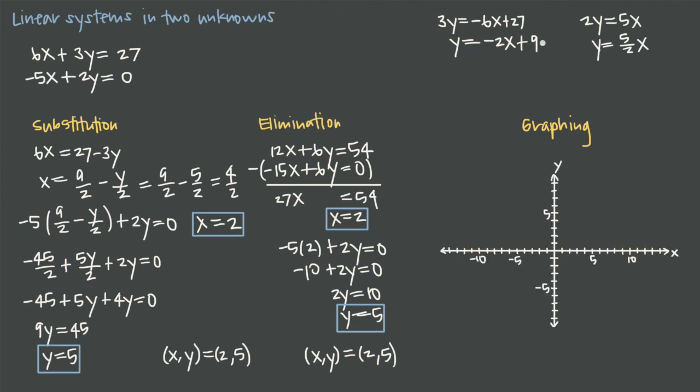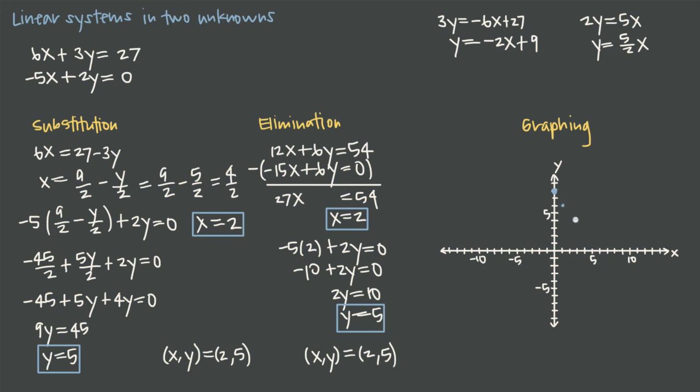For y equals negative 2x plus 9, 9 is going to be the y-intercept, or the point at which the line intercepts the y-axis. So we come up here to 9, and we can plot a point along the y-axis. And then the coefficient in front of the x gives us the slope of the line. Since the slope is negative 2, that tells us to go down 2 and over positive 1.